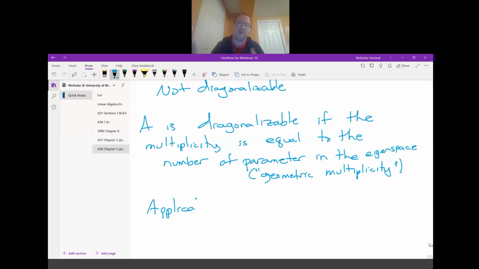I am going to talk very briefly about an application of this, of why we would want to diagonalize a matrix. Why is it so special? What was something we talked about in chapter 1? We did a specific example, and I said this is awful for general matrices, but for diagonal matrices, it's very easy.